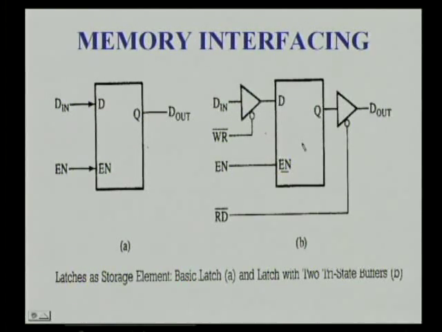Similarly, when the processor is reading data from this particular latch, it enables, that is identification, then it sends the read bar signal, so that the data available in the latch can be brought out through this tri-state buffer to the data line. Normally these latches are connected in parallel to construct an 8-bit register.